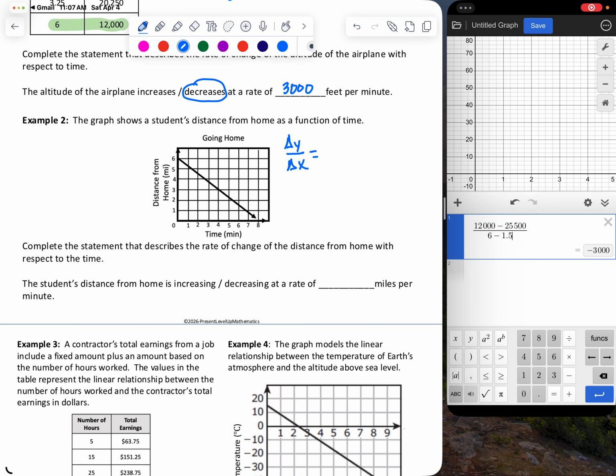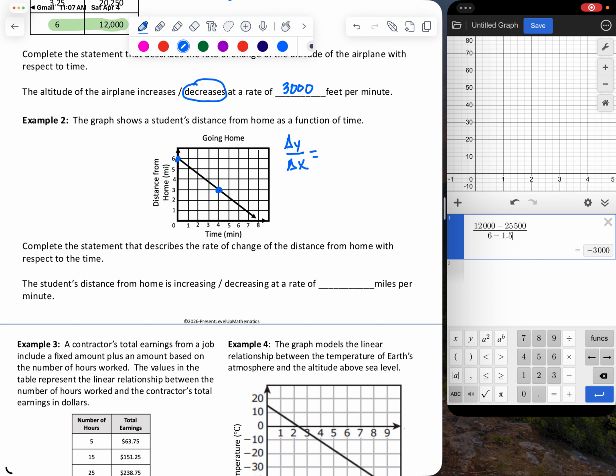When I have a graph, your first job is to pick friendly points. Just like we picked friendly points in the table above, we'll pick friendly points from the graph. So I would probably use this first one, (0, 6), follow this down. The next friendly point looks to be about right here.